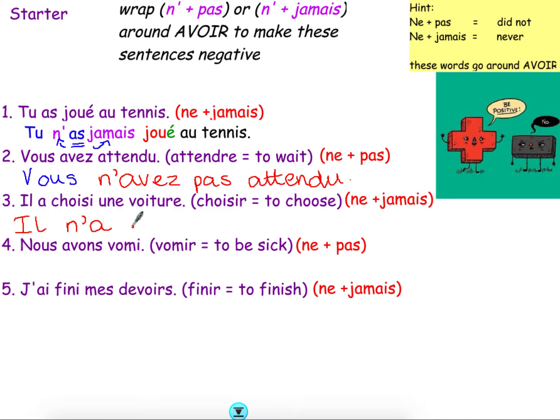Il n'a jamais choisi une voiture. Okay. Number 4, nous avons vomi. Vomir means to be sick. So we want to make this we were not sick, okay, or we did not throw up.